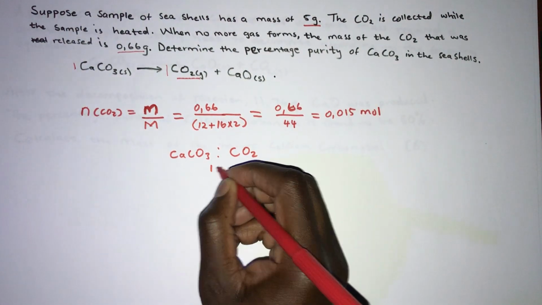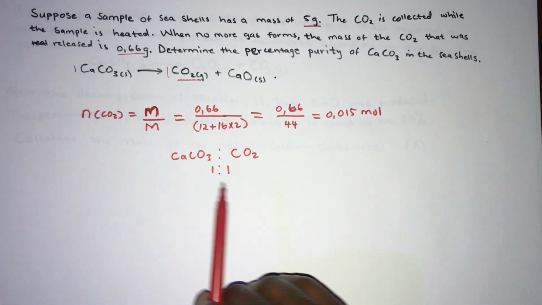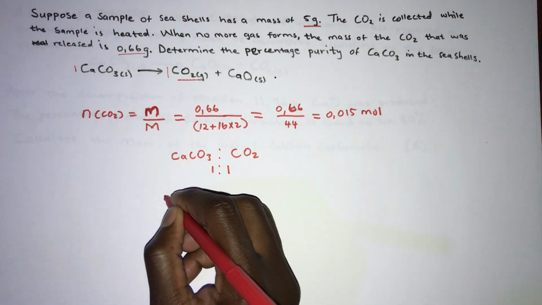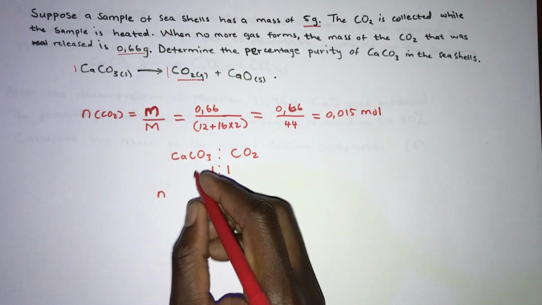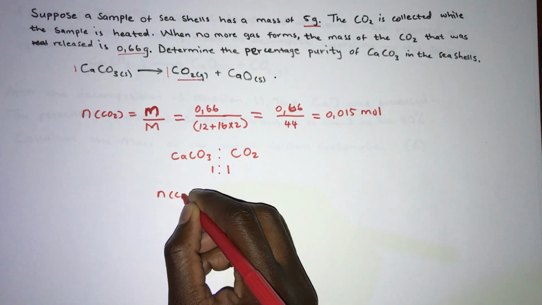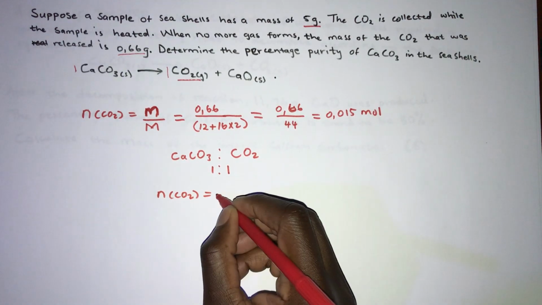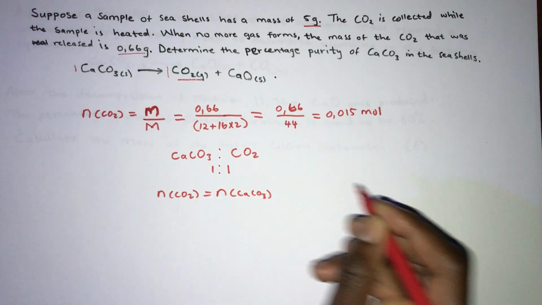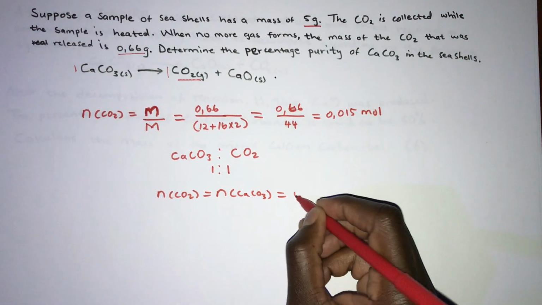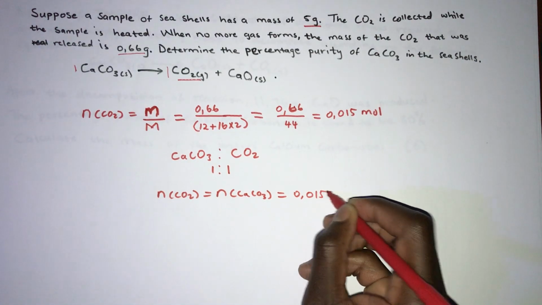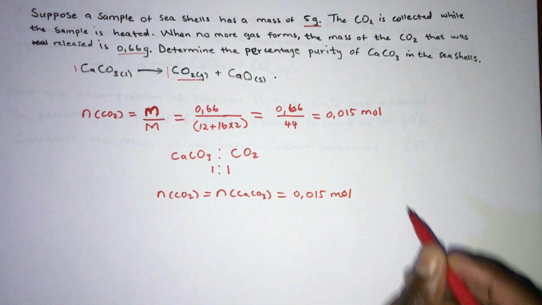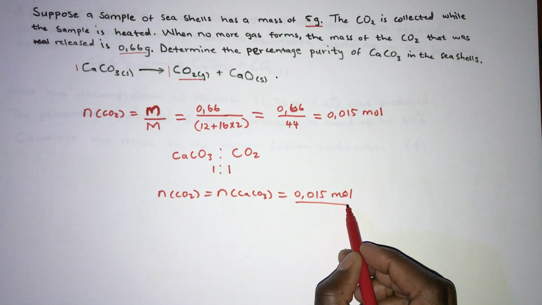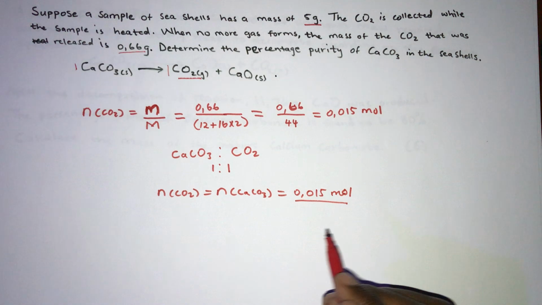Since it's 1 to 1, the number of moles of carbon dioxide is equal to the number of moles of calcium carbonate, which is 0.015 mole.